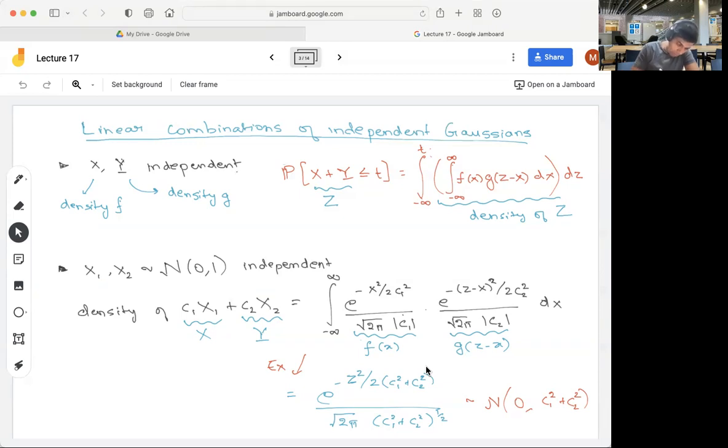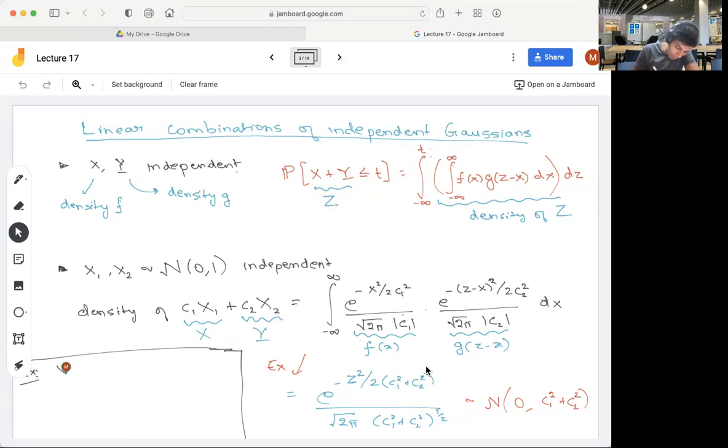Once we have these two properties, the one about scaled Gaussians and also what happens when you add two of them, by induction you can also prove that if you take a linear combination of more than two Gaussians, you still get the same kind of behavior.